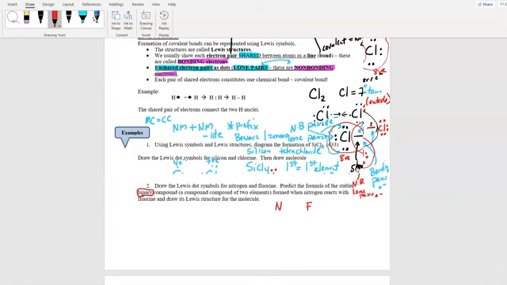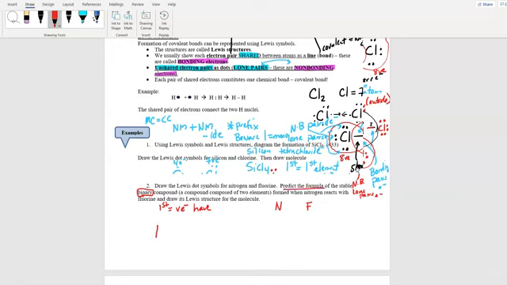Draw the structure. Okay, so first we need to figure out how many valence electrons they have before they start bonding. This one I actually told you the formula. I didn't tell you the formula here, so we're going to have to predict the formula.